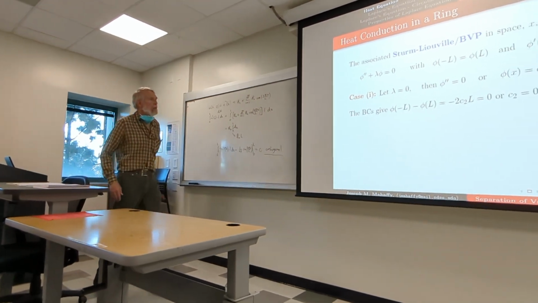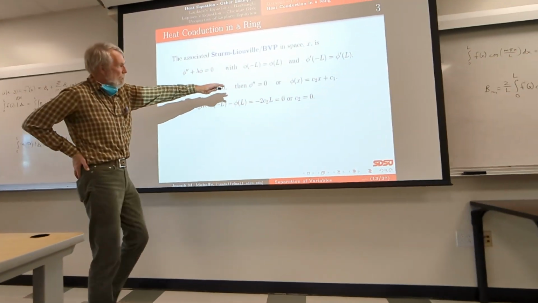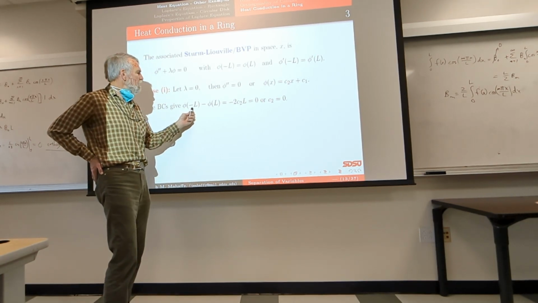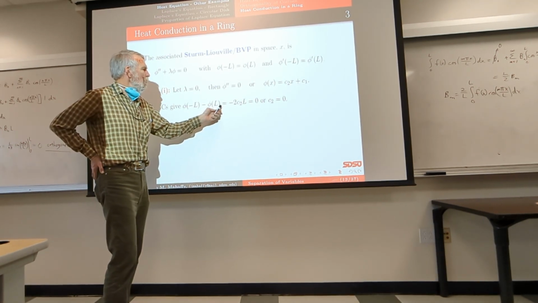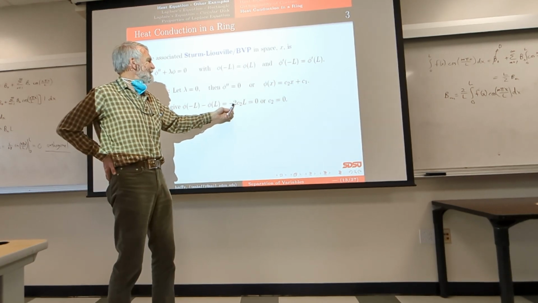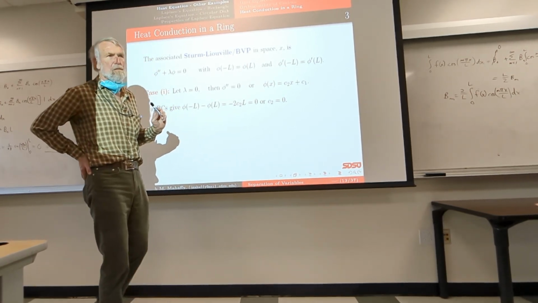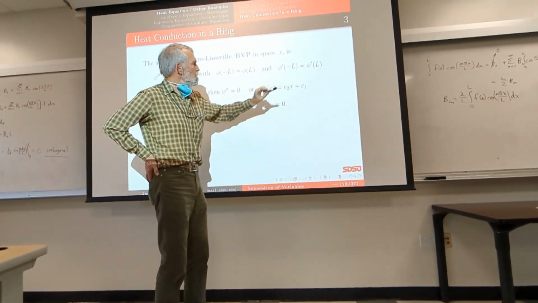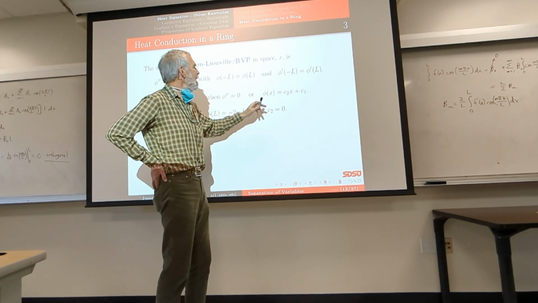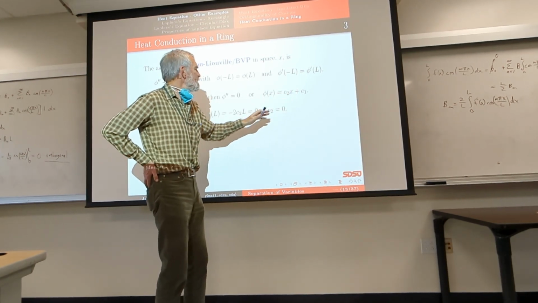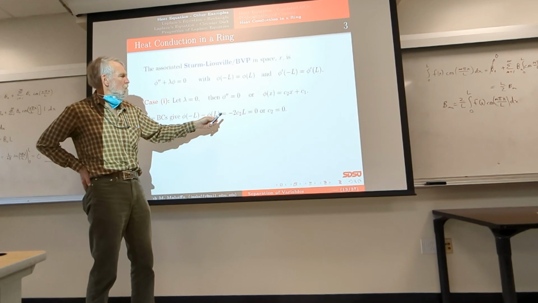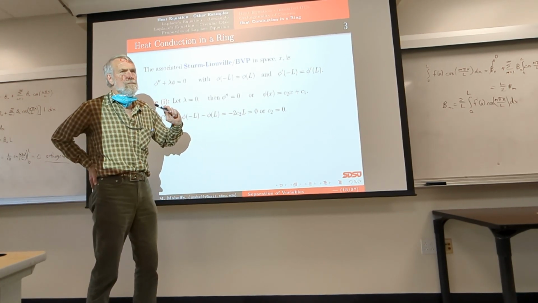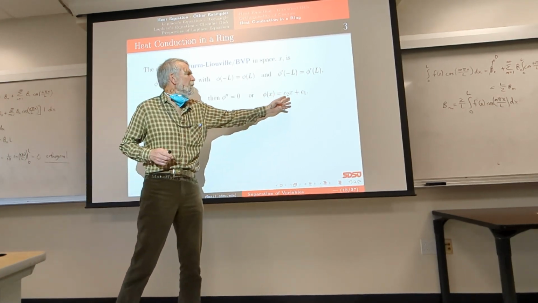To make it into the homogeneous thing, just subtract, so we're going to have phi of minus L minus phi of L. Well, that's going to be equal to minus C2 L, because putting the L in there, the C1s cancel out, so necessarily C2 equals 0. And that's no surprise, we should not have that linear term in there.